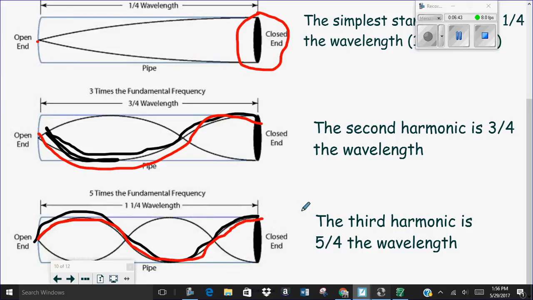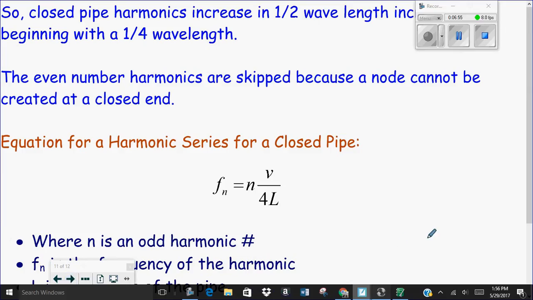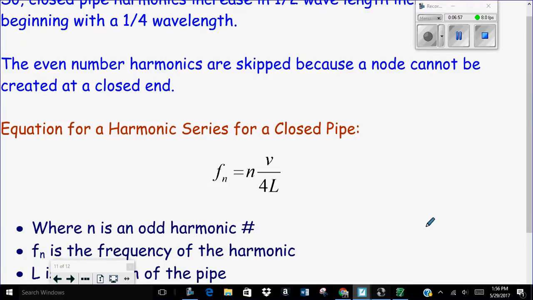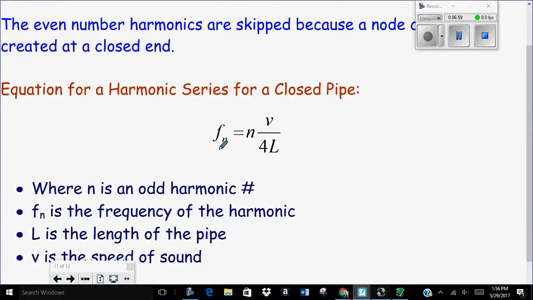And the formula to find any frequency for a closed pipe instrument looks like this: the frequency is n, which is an odd harmonic number, times the velocity, speed of sound, divided by 4 times the length of the closed pipe.